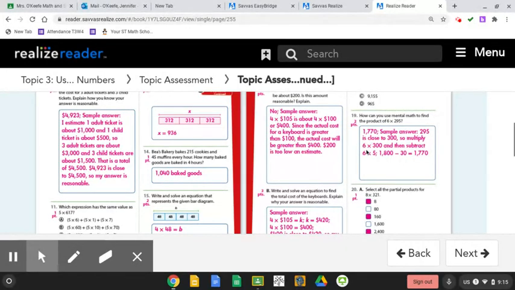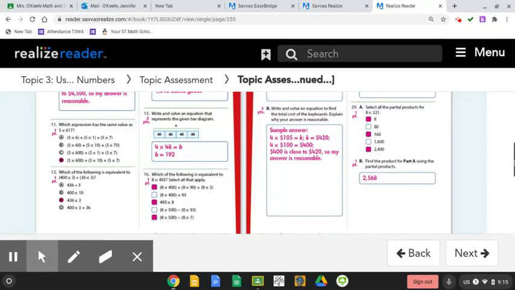It's 6 fives. So that's 5, 10, 15, 20, 25, 30, right? So 6 times 5 is 30. The reason that we're subtracting is because if we add up, we're adding to get to 300. So the actual answer we have to subtract to get to 1,770.